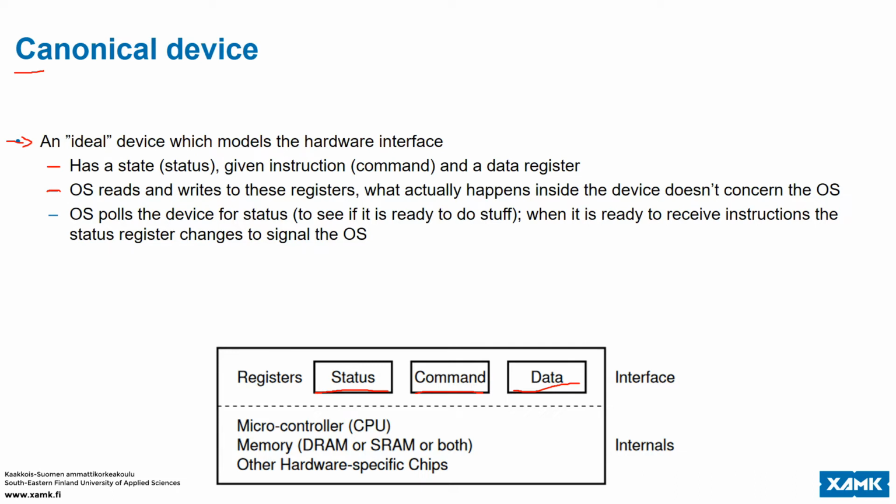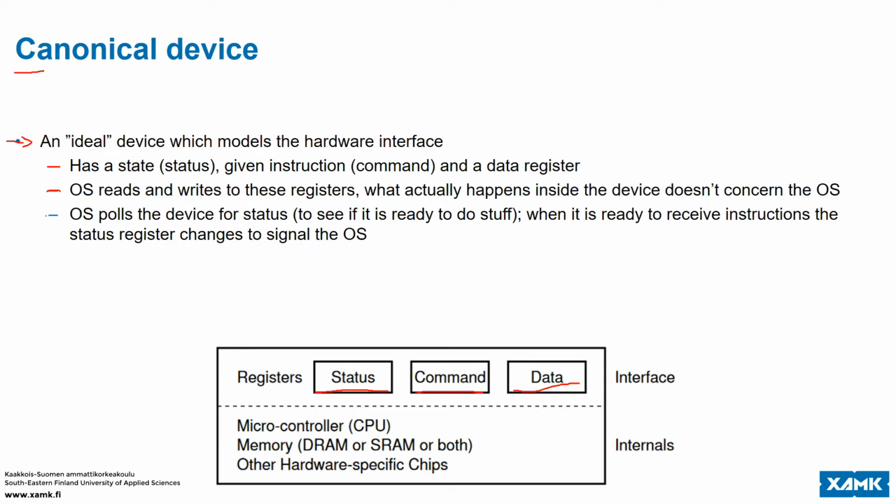So it doesn't matter if it's a disk drive, it doesn't matter if it's a keyboard, as long as that device implements an interface that looks like this, well, then it can communicate with the operating system, and the operating system doesn't need to know how that device actually does what it is that it does.